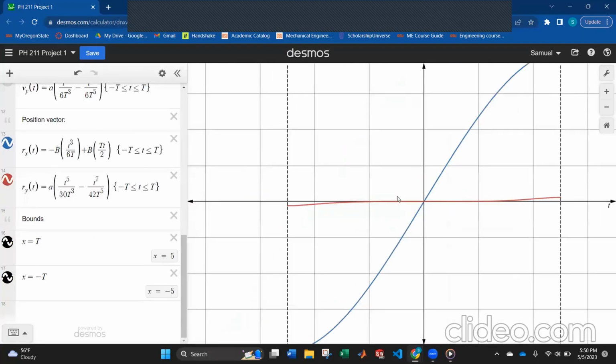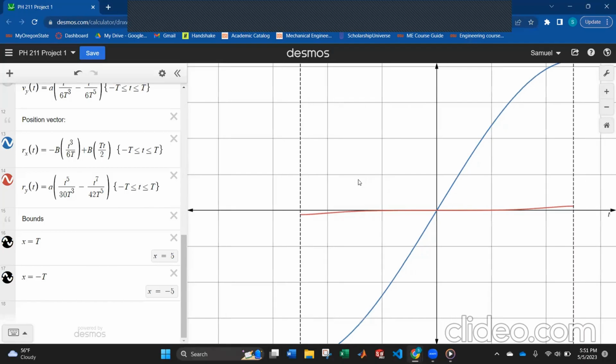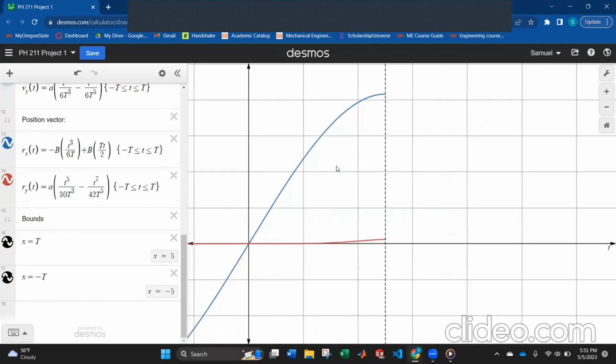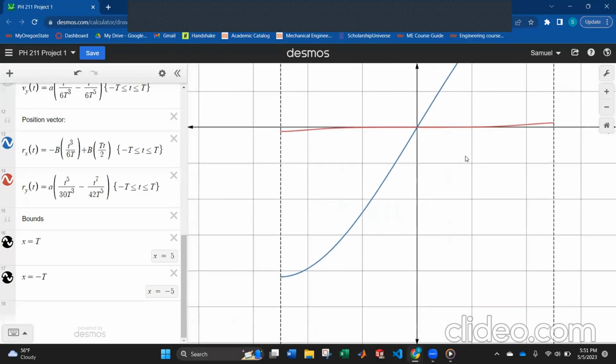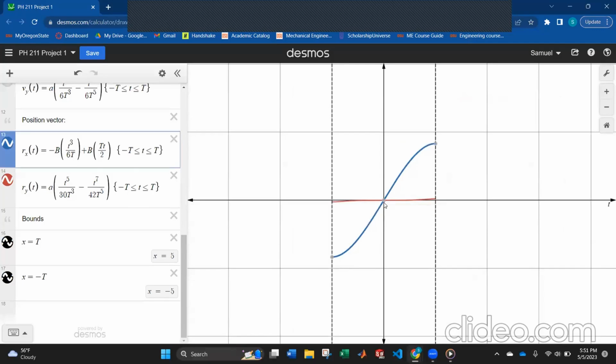This black line off to the left here is the starting time, which is t equals negative uppercase T. And this black dotted line on the right over here is t equals uppercase T. As you can see, the graphs don't start at the origin like they traditionally would. They actually start over here at time equals negative T. So that's an important note.